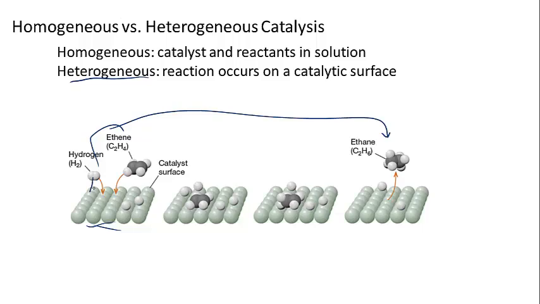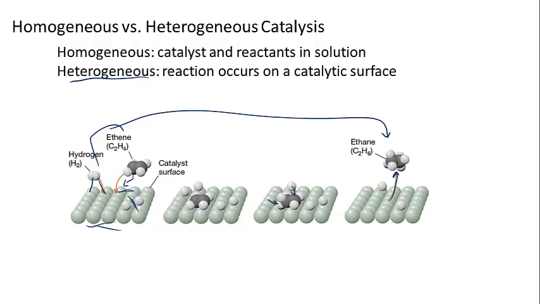The fact that the hydrogens can bond to the platinum allows the hydrogen-hydrogen bond to break easily. Then the ethene comes down onto the surface, and it makes weak bonds to the metal. Once those are bonded, the hydrogens can sneak up and bond onto the carbons there. Once the ethane is formed, it can fall off the surface.